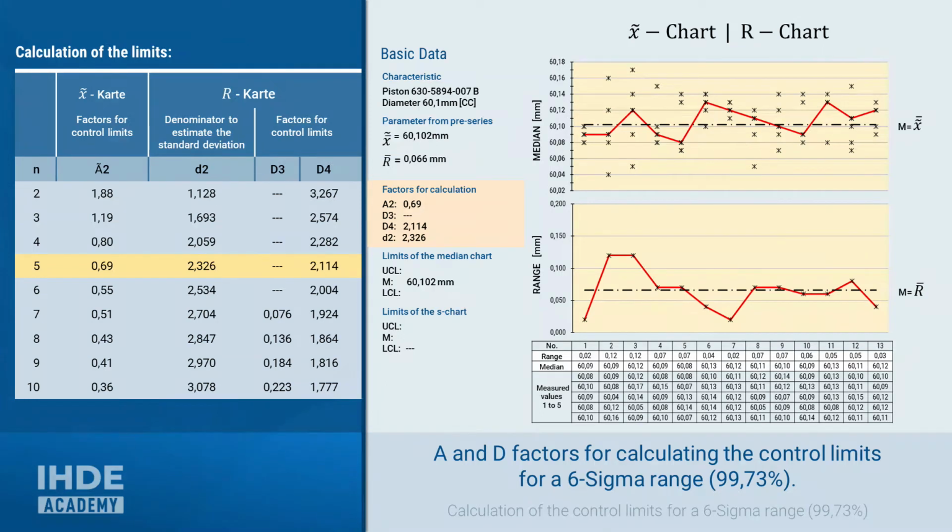For such a small sample size, the lower control limit on the range chart does not apply. For this reason, values for D3 can only be found in the table from a sample size of 7. For the upper control limit of the range chart, the value for D4 is 2.144. All values have been transferred to the table in the middle.